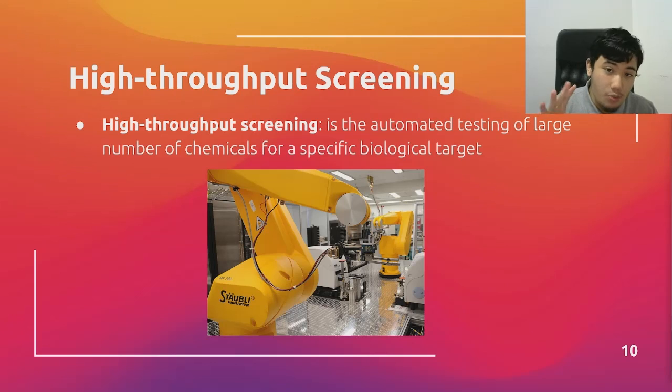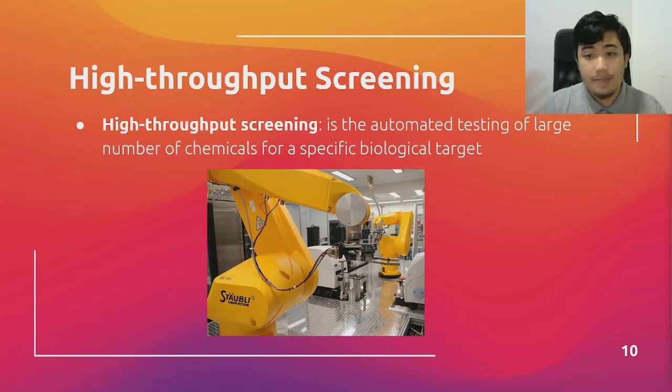It wastes time, and it takes too long. Through HTS, researchers can test phytochemicals simultaneously at a much faster rate, saving time and manpower. And so through this method, scientists can quickly identify which active ingredient works on a specific biological target.